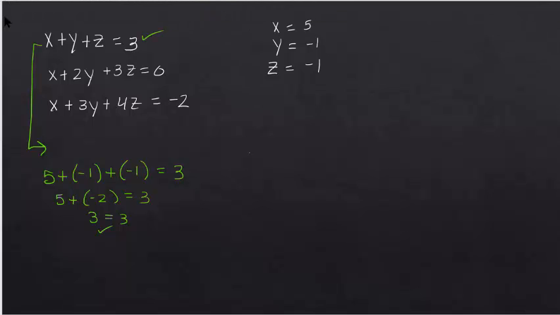Let's try the next one. We have x, which is 5, plus 2 times y, plus 3 times z equals 0. So we have 5 minus 2 minus 3 equals 0. 5 minus 5 equals 0. 0 equals 0. All right, that one worked.